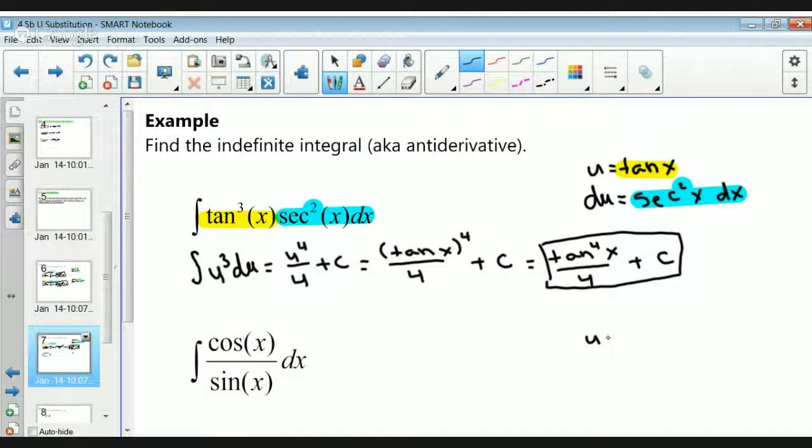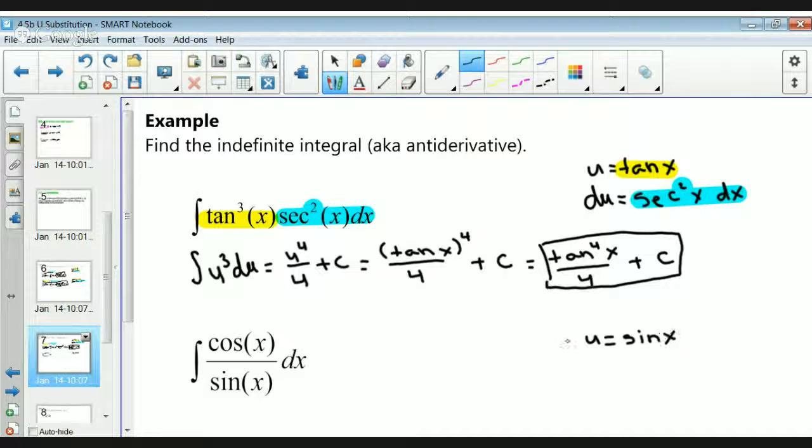Those are coefficients, they're not bothersome. But we never want du in the denominator. All right, du needs to be the period at the end of the sentence, always has to be being multiplied, okay, not divided.